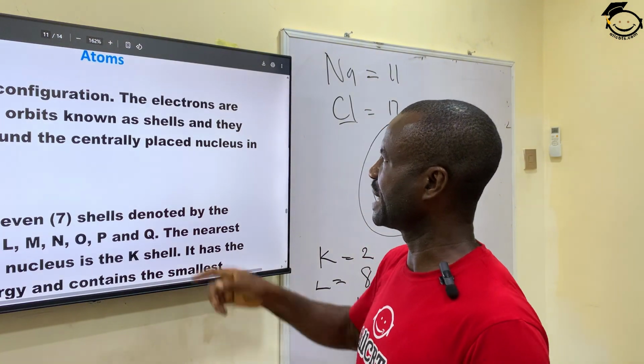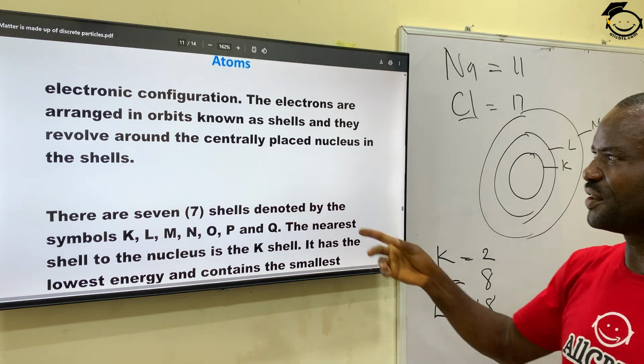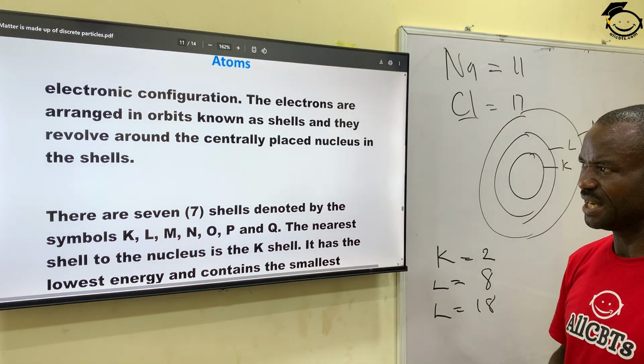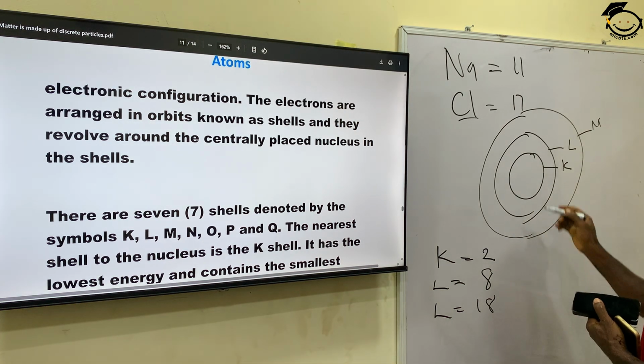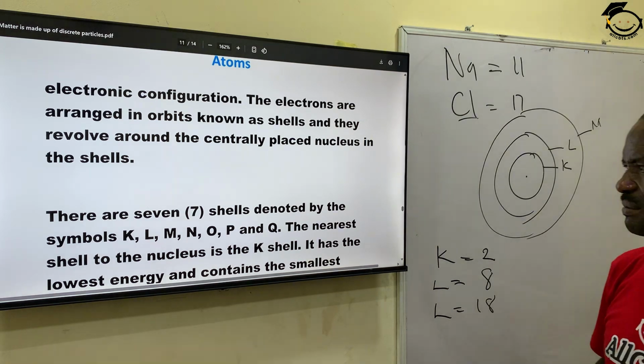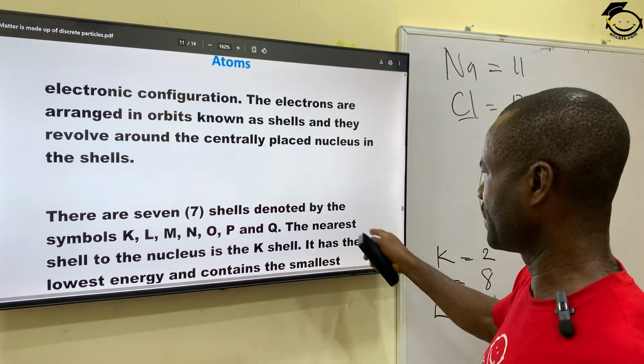Electronic configuration of elements. The electrons are arranged in orbits known as shells, and they revolve around the centrally placed nucleus. Like you can see, this is the nucleus at the center. The electrons revolve around it. There are 7 shells denoted by K, L, M, N, like we said.